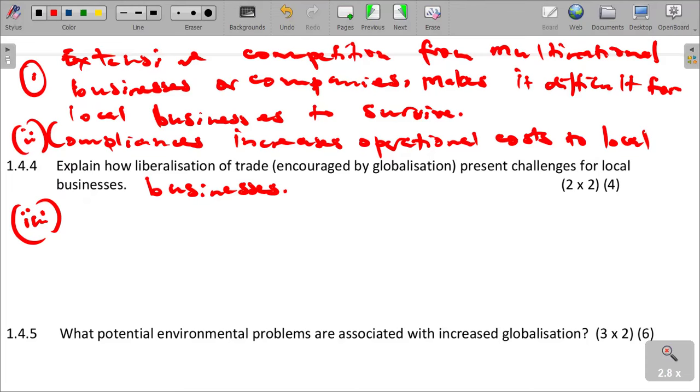There is also increased pressure for businesses to outsource production to countries with cheaper labor, impacting local employment.